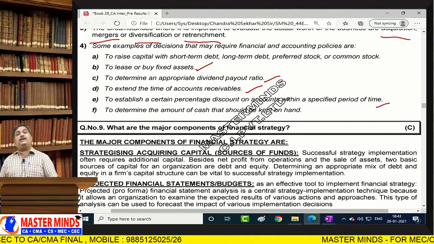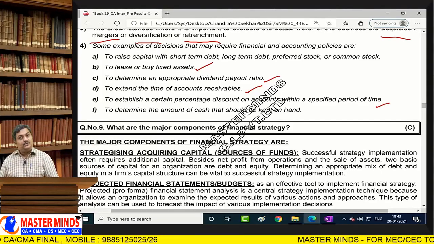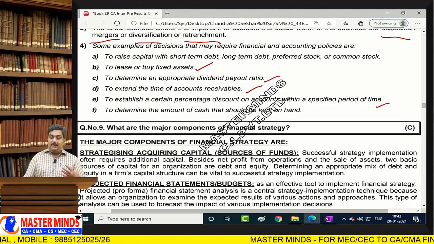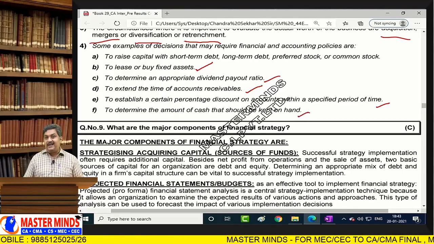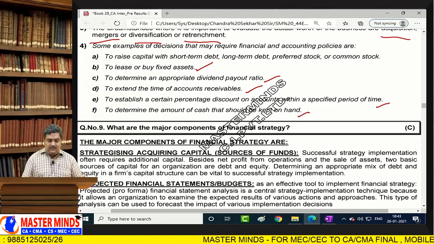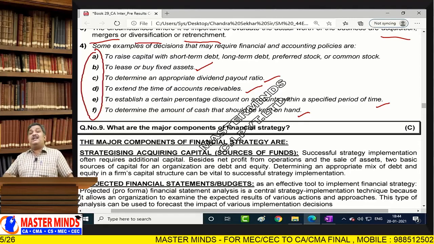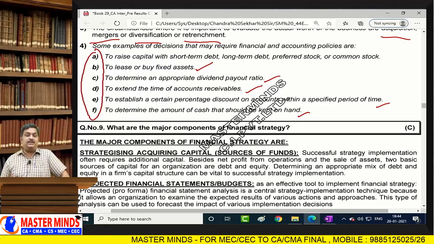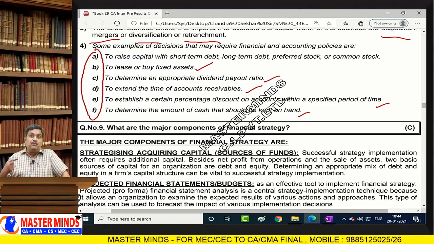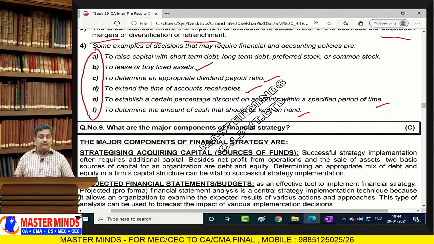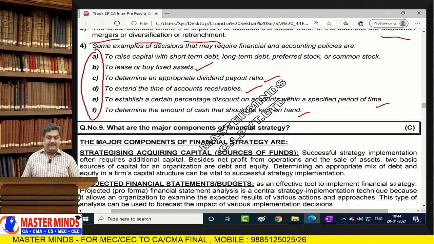How much discount we need to give to the people, that also the finance manager has to decide. And how much cash on hand should be there. These are all very important things which decide the liquidity of your organization and make for smooth running of your organization. So a finance manager has to pay attention to all these areas and all these points.